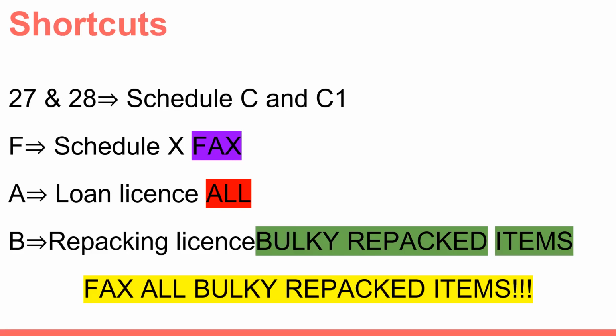Form numbers which contain the letter A are related to loan license. All form numbers which contain the letter B are related to repacking license, and all form numbers which contain the letter F are related to Schedule X drugs. These are some shortcuts to remember the form numbers.